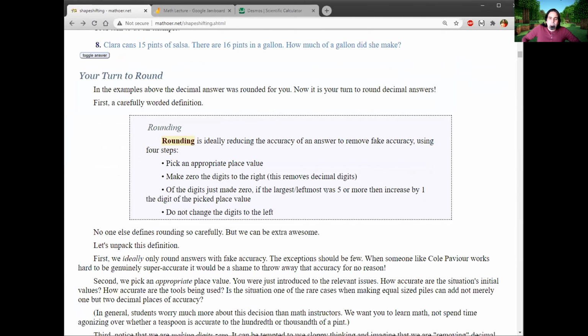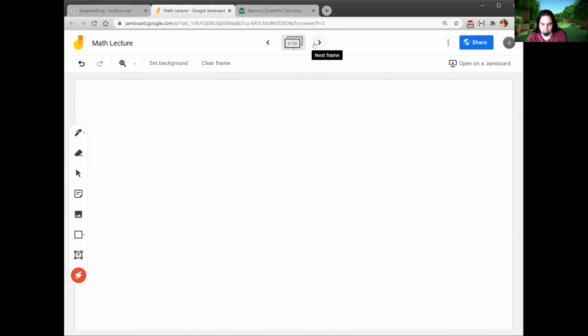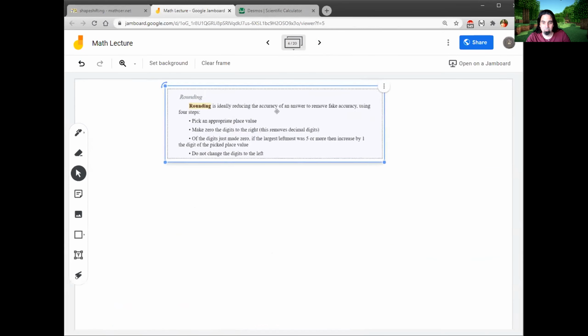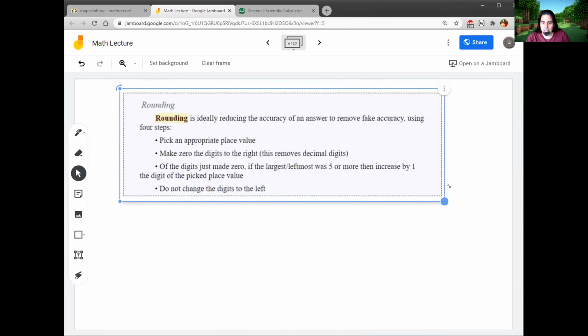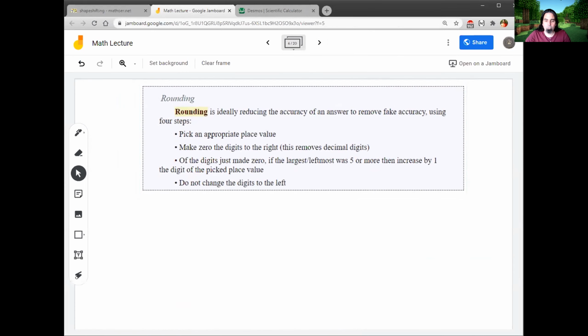Okay. So just to be clear, here's your definition. Rounding, we're reducing the accuracy of an answer. And ideally, we're removing this fake accuracy. We're going to pick some place value and say this is the one that we can actually trust.